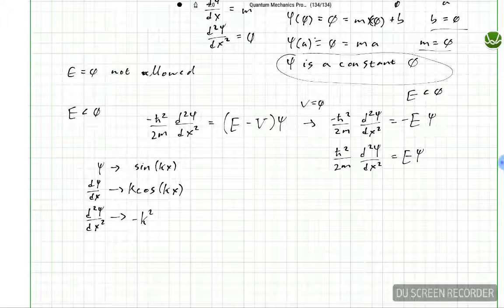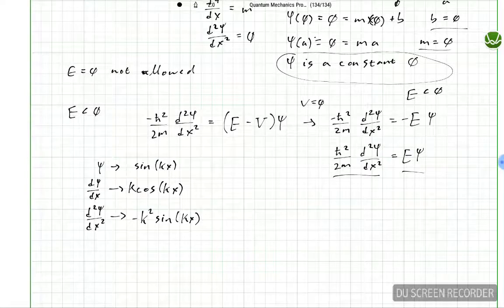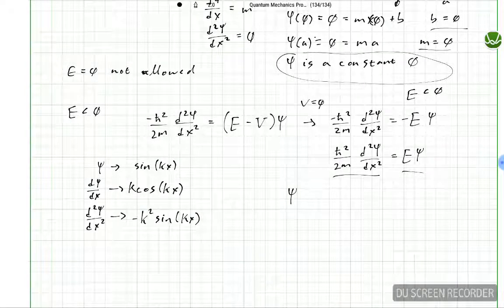So in order for it to be this sort of wave, we have to have that negative sign out there. If the left-hand side and the right-hand side both have the same sign, then that means that we're dealing with an exponential.